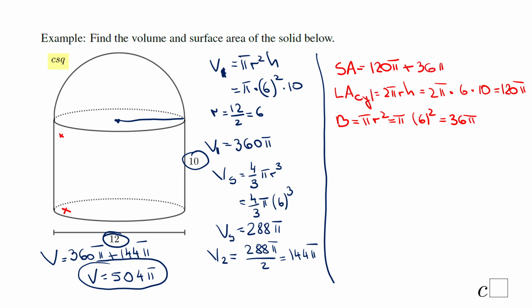And what else do we have here? We have half of a sphere. So we need to find the surface area of a sphere, and that will be 4 pi r squared, and that will be 4 pi times 6 squared, and that will be 36 times 4. That will be 144 pi. Is this the number we need? No, really. We need half of this.